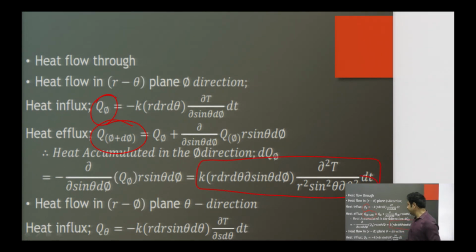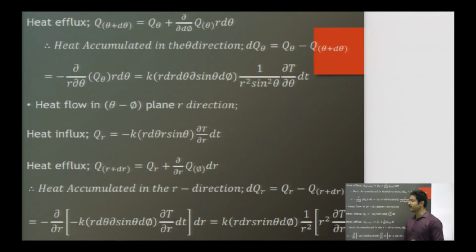Then heat accumulated in the r and phi plane. First of all, we have calculated in this r and phi plane, it is q theta, and then it is q theta plus d theta. So the final thing has arrived at this. Then we have the theta and phi plane, so we are talking about qr.